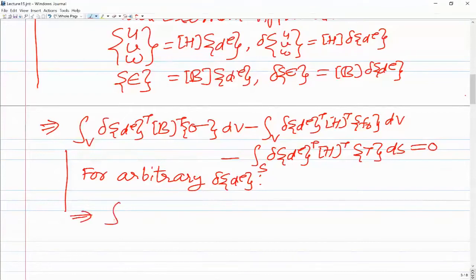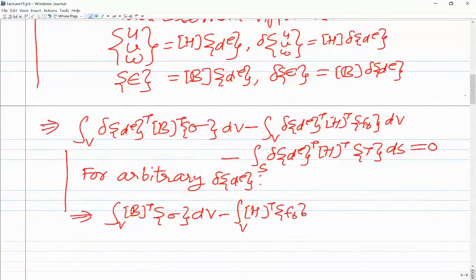So that gives you the basic element level governing equation, which is integration over volume B transpose into sigma dV, minus integration over volume H transpose into FB dV, minus integration over surface H transpose into T dS, and this will be equal to a null vector.